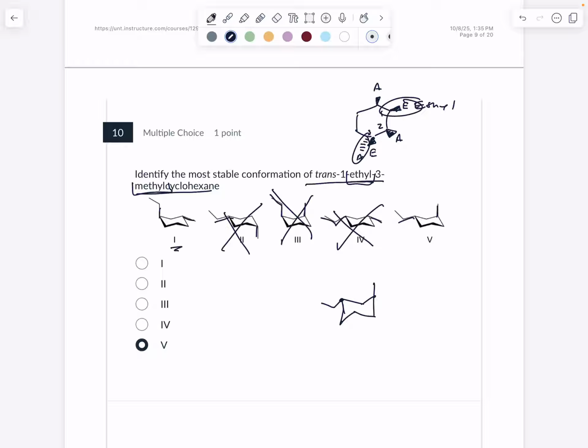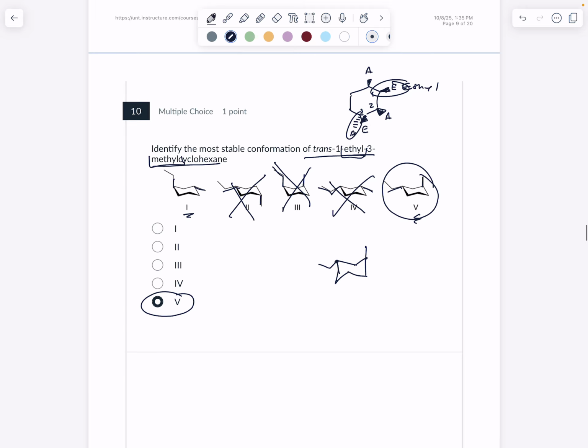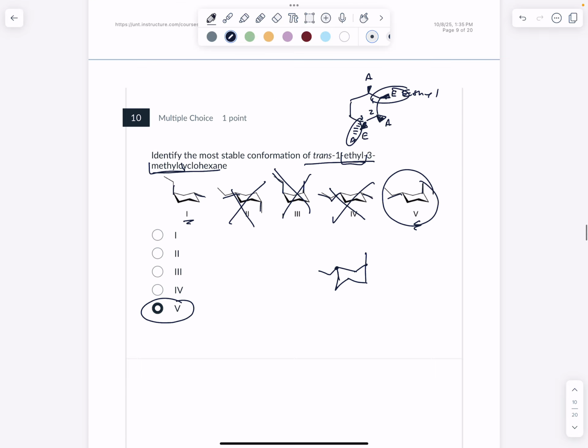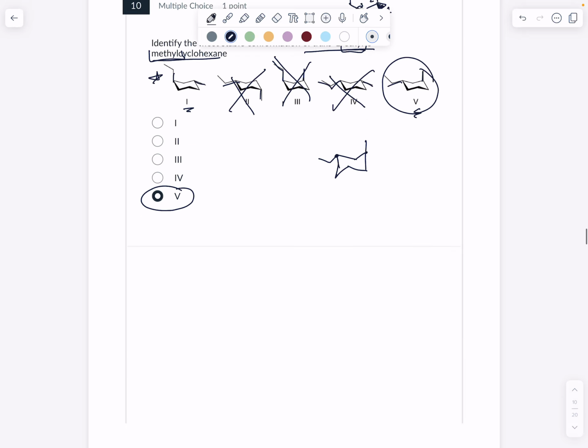So I narrowed it down just to 1 and 5 just from that. But the most stable conformation has the largest group equatorial, so that would be E, or 5. This is a conformation as well. 1 is a conformation, it's just not the most stable conformation.